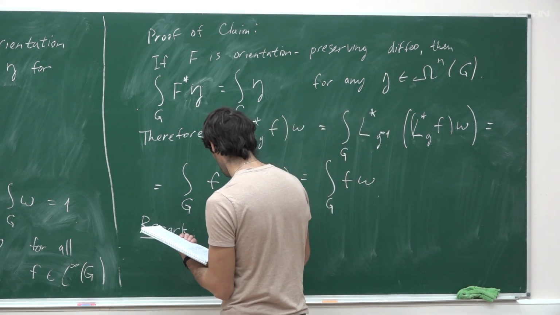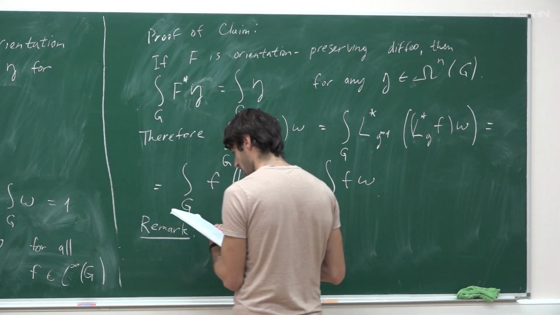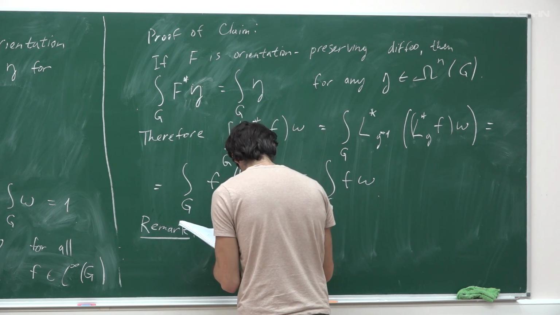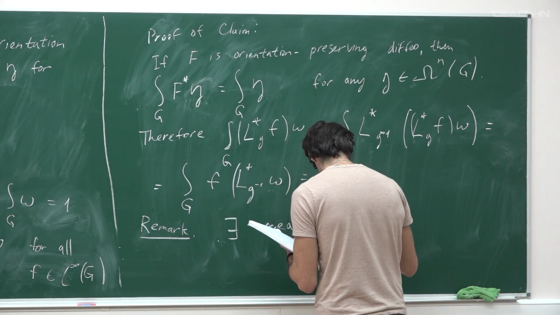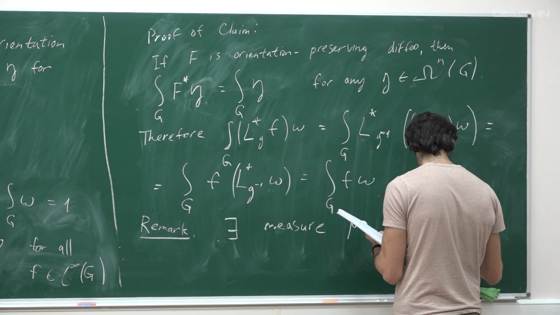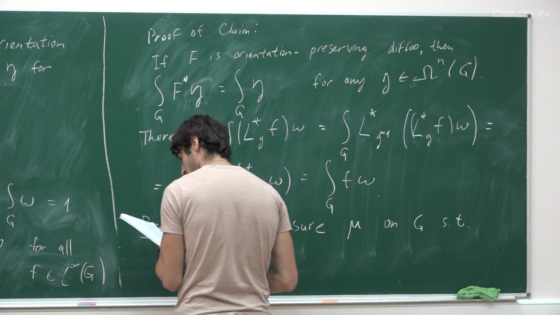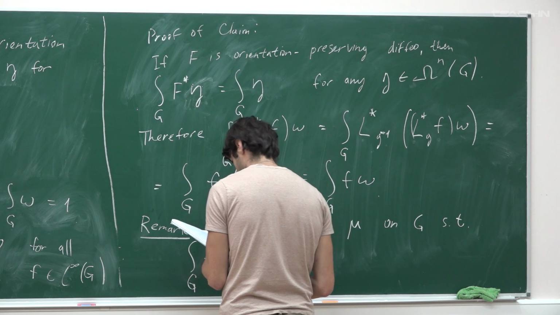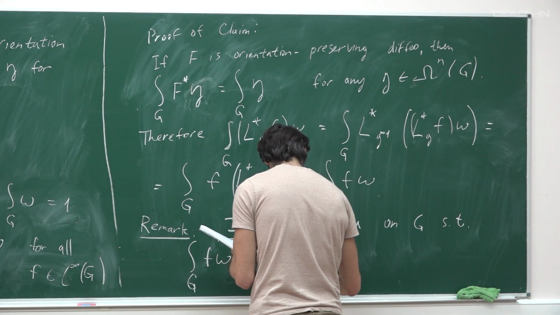So if I have a form like this, then there exists a measure, let's denote it as mu, on G such that the integral over G of f omega is the integral over G of f of g d mu of g.